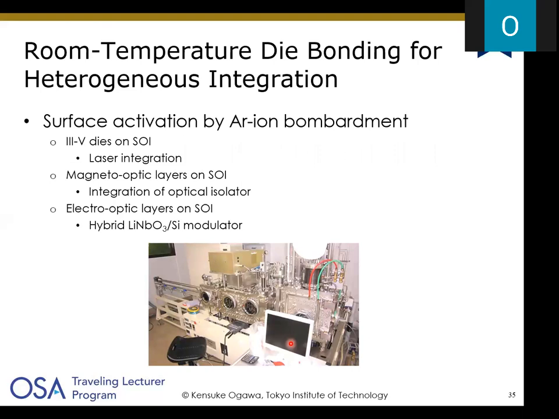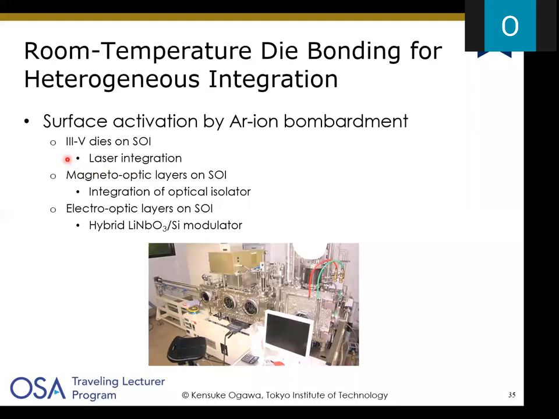And one of the other schemes is the integration of other components, like III-V lasers, with silicon optical modulators. One of the key technologies we are using is die bonding for heterogeneous integration with III-V lasers. So, die bonding III-V dies on SOI.